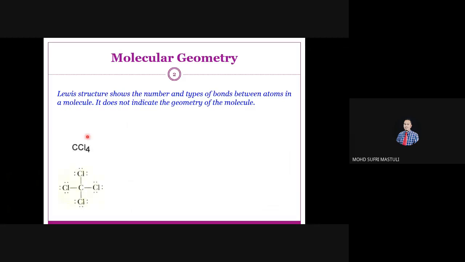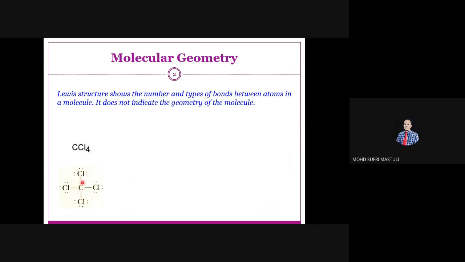For example, for this compound CCl4, from the chemical formula, I believe all of you can draw the Lewis structure. From the Lewis structure, we can know the electron domains. The electron domains is 4.